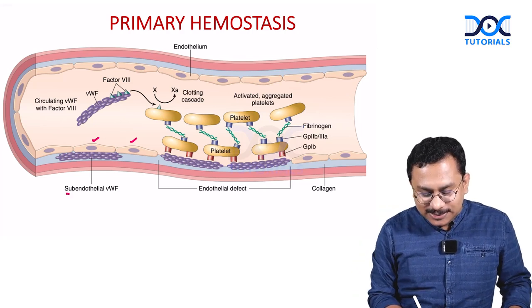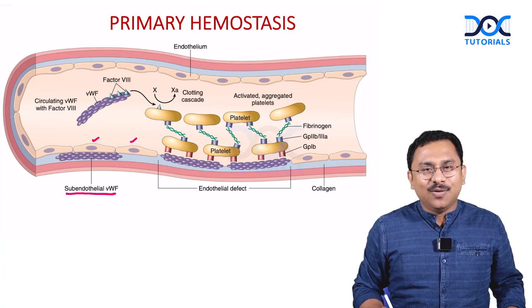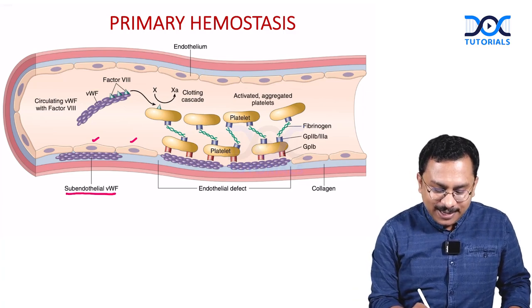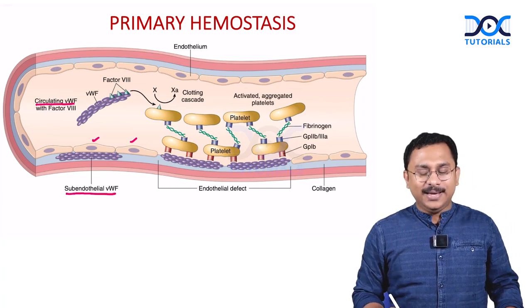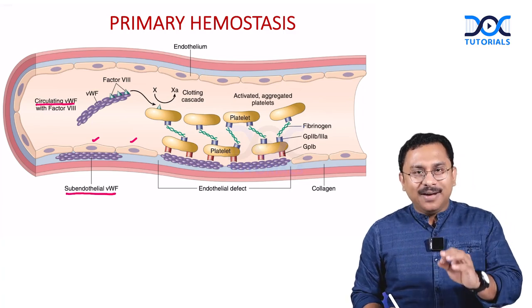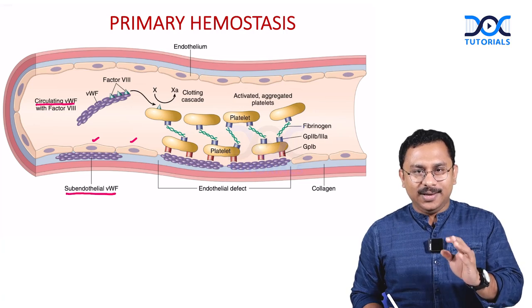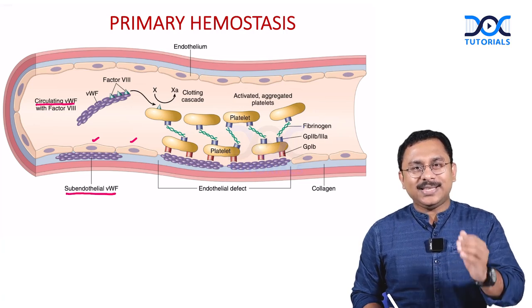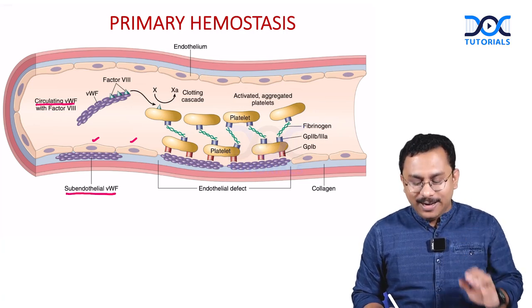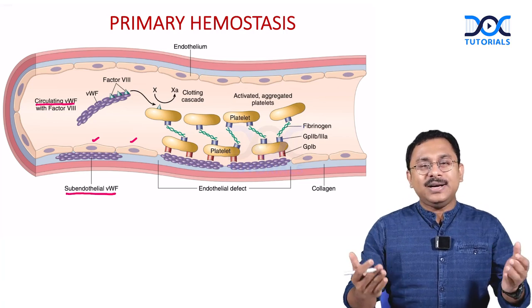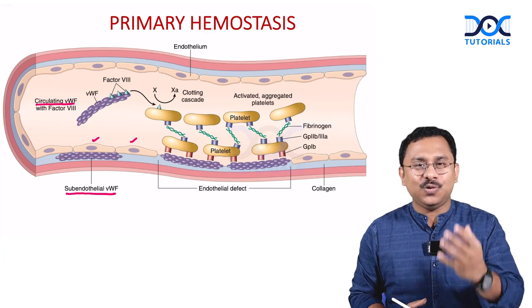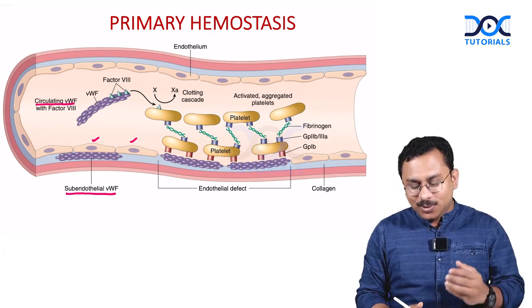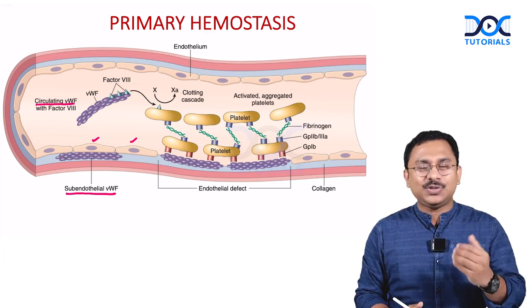You've got the subendothelial von Willebrand factor as well as the circulating von Willebrand factor. So when you have an endothelial injury, a vascular injury, there is damage to the endothelium, what will happen? You will have the subendothelial collagen being exposed.